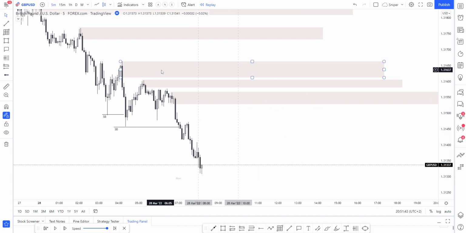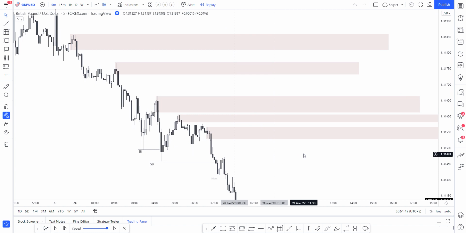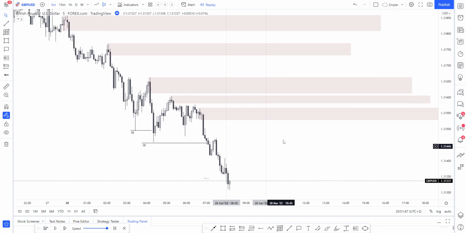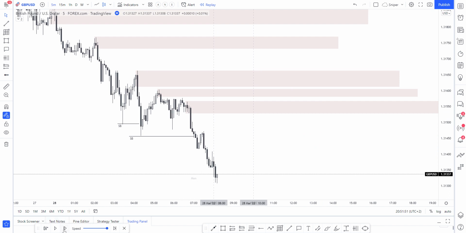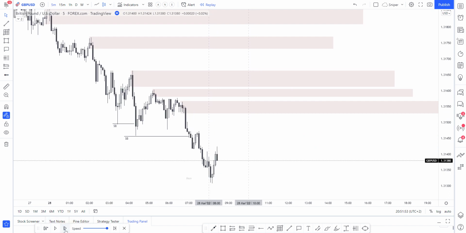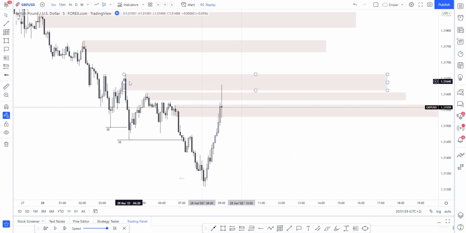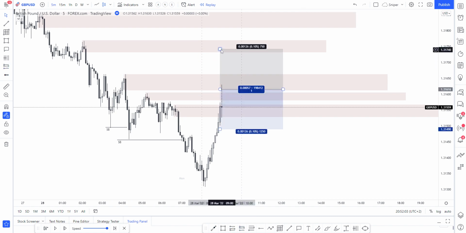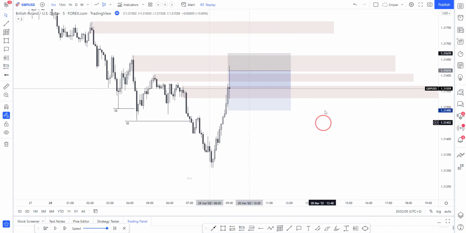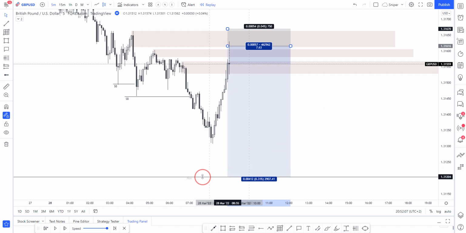So for now, we don't need to worry about any of these areas until price reaches into those areas, creates a high, sweeps that high, and then we can look for potential entries towards the downside. So we see price come up, come up, come up, right up into this area. Now we could have potentially taken a trade from this area, aggressive, and then targeted that first low.